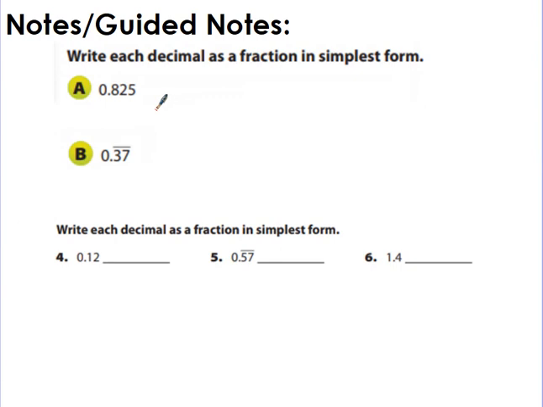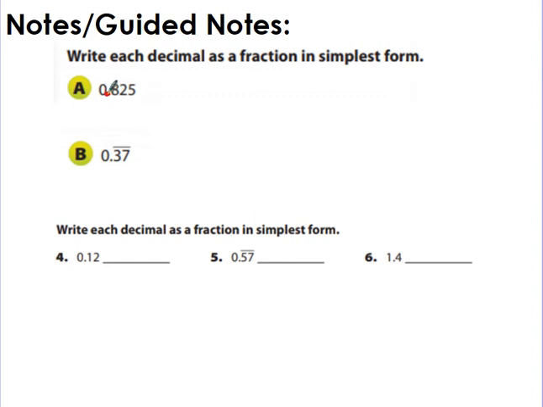One thing that's also important is we're going to have to write down each decimal as a fraction and convert decimals to fractions, whether they're repeating decimals or terminating decimals. In order to convert a terminating decimal, like part A here, to a fraction, we count how many values we have after the decimal point.